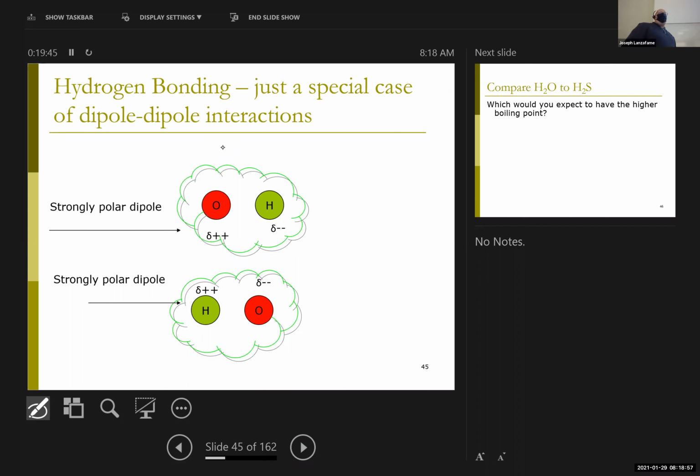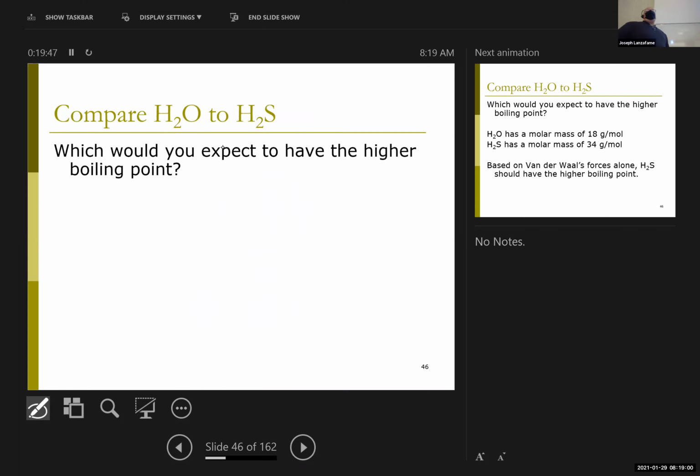And you can see how strong this is if you compare two very, very similar molecules, one of which has hydrogen bonding and one of which doesn't. H2O and H2S, sulfur is right under oxygen on the periodic table. So the bonding of both of these ends up being the same. They're both, if you want a Lewis structure, they're both bent.